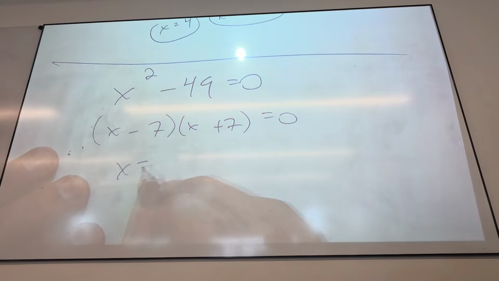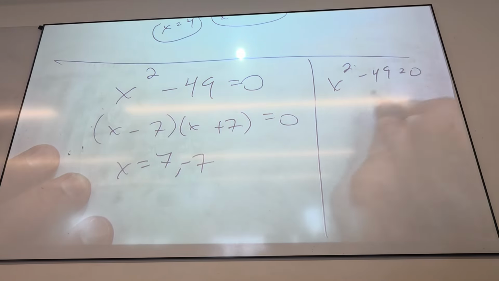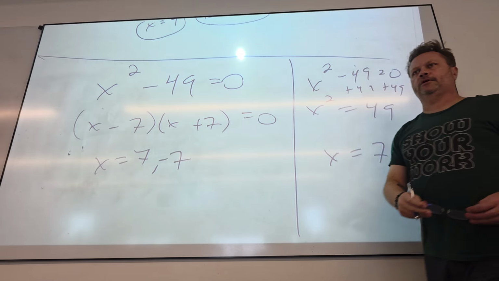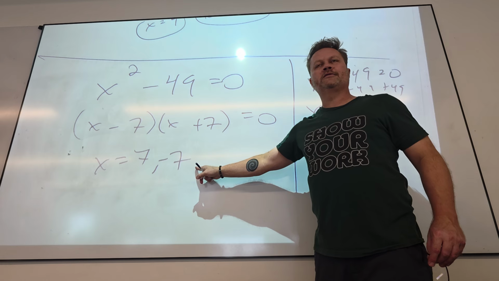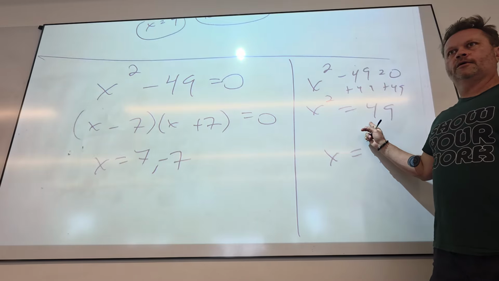So what are the two answers? Now, where you were about to go was you're about to do this. If you add 49, you get x squared equals 49. But normally when I do that, people tell me there's one answer. How many answers do we know there has to be? Two. So you just put the plus or minus in front.